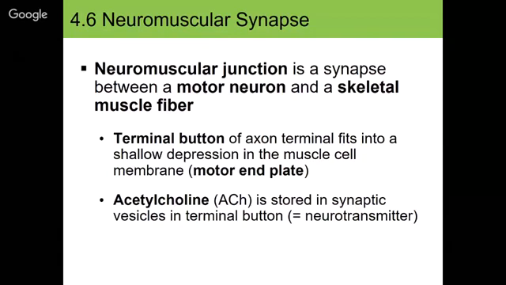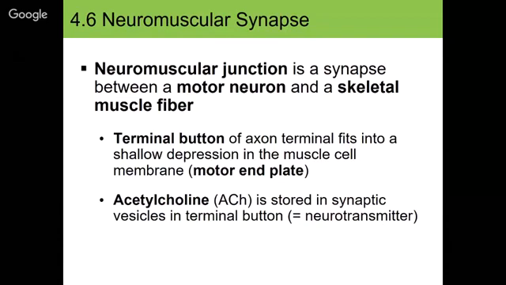So if we look closer at the structure of a motor neuron, the ending of the axon of a motor neuron is called the terminal button, okay? And it's basically where the motor neuron, which is a thin axon initially, spreads out into a wide sort of round button-like thing.